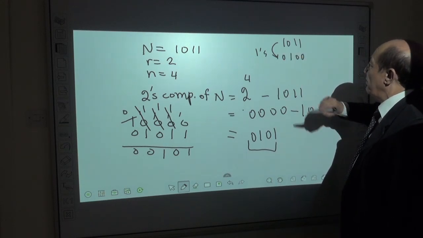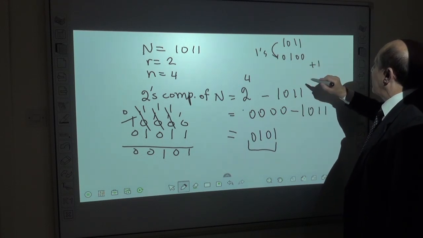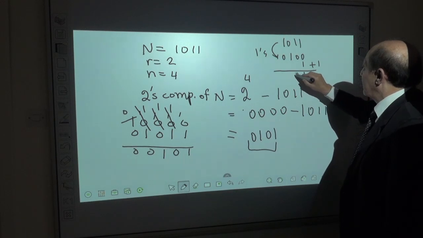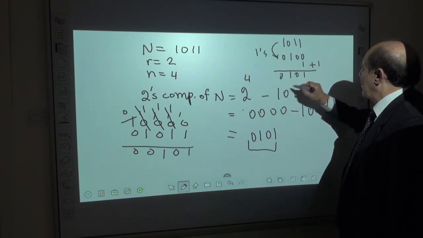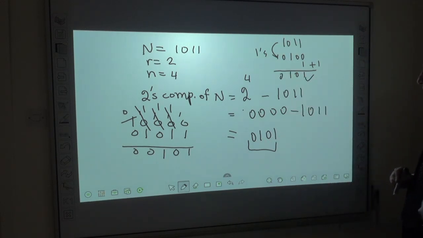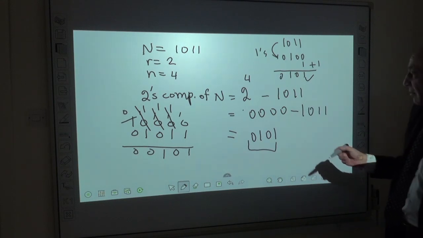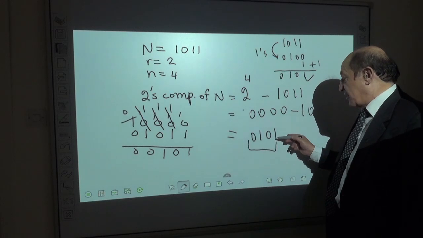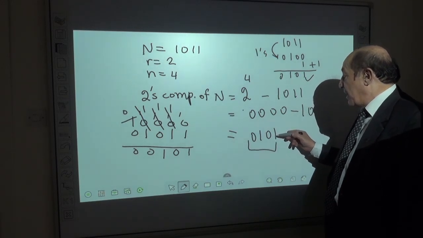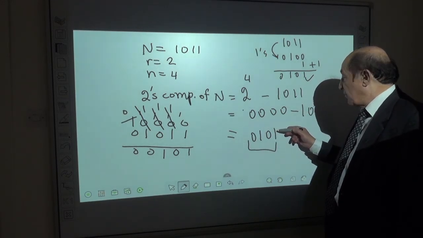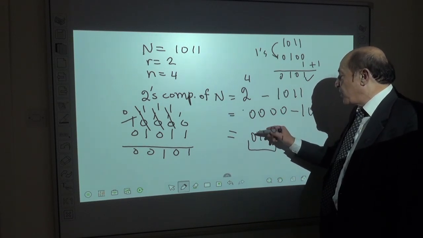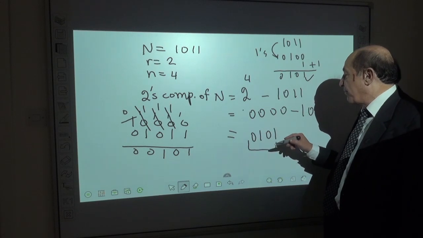This is the 1's complement, and add to it 1. So this is the same result. Or we can subtract the first non-zero digit from R, or from 2, and all the remaining bits from R minus 1.